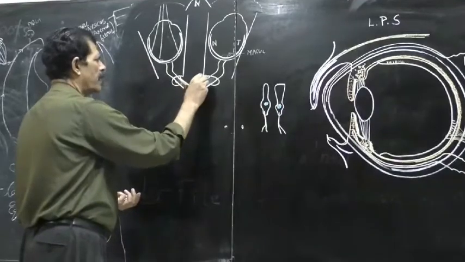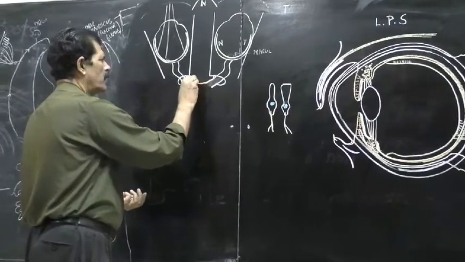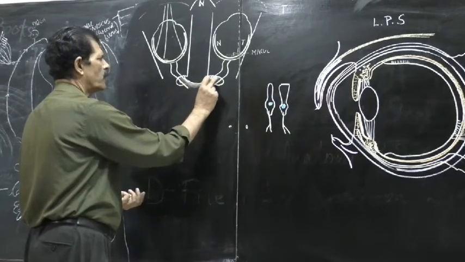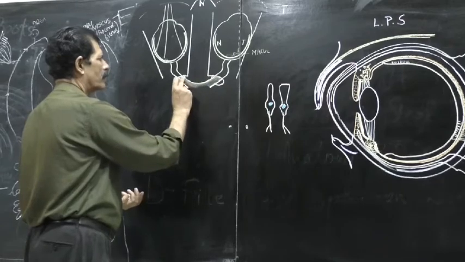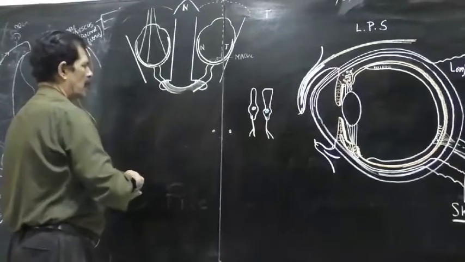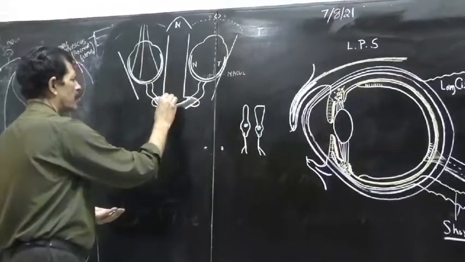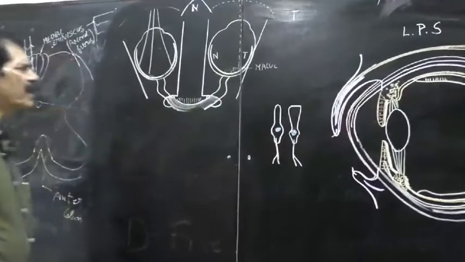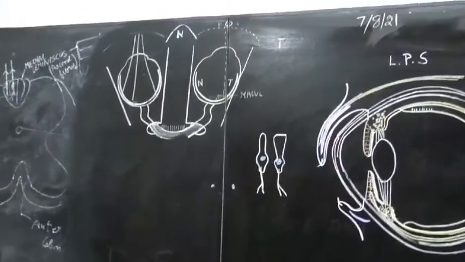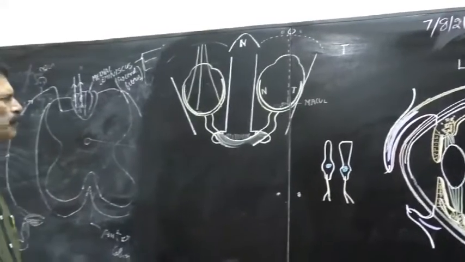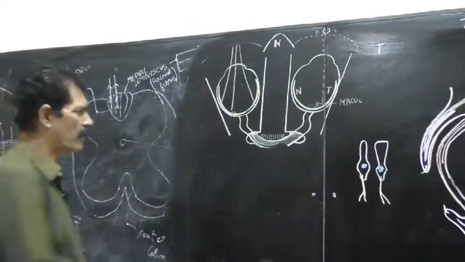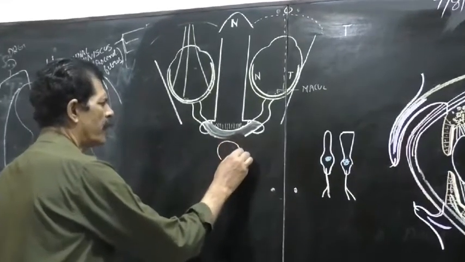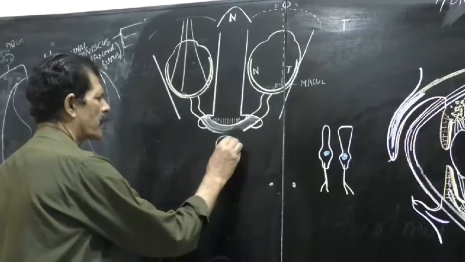The right and left nerves meet, they cross in the midline, they fuse together against a sulcus chiasmaticus, which is present on the body of the sphenoid bone, just in front of the pituitary fossa. This is the pituitary fossa.